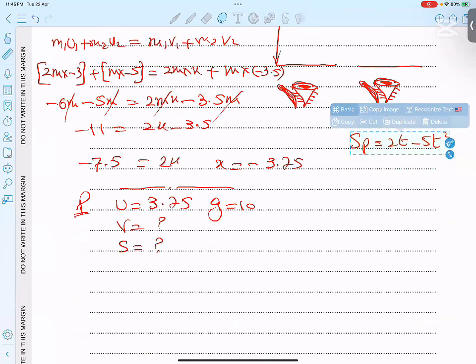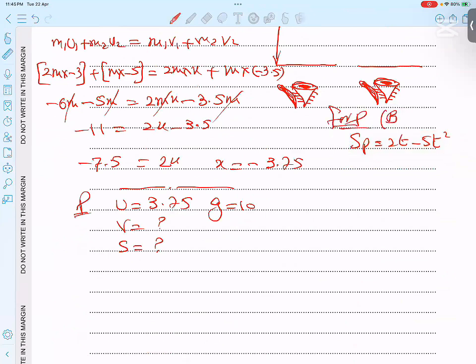I'm writing here SP before collision. So SP equals 2 times 2 half minus 5 times 2 half. At that particular moment, I got 5 upon 4. Actually, it becomes negative 1 upon 4.